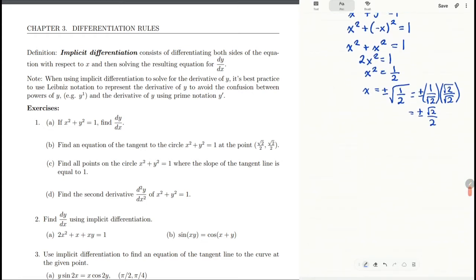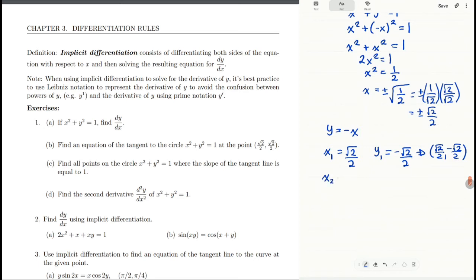So these are the x coordinates. We can then find the y coordinates. We know that y is equal to negative x. So if one of the coordinates is the root of 2 over 2, then its y coordinate is going to be negative root 2 over 2, which says that our coordinate is root 2 over 2, comma, negative root 2 over 2.